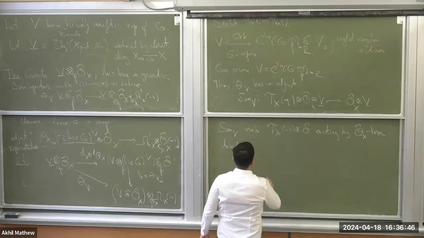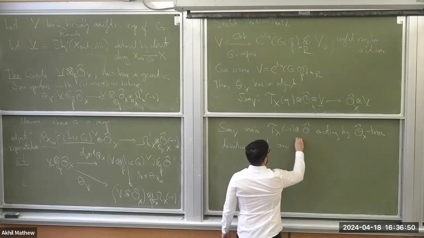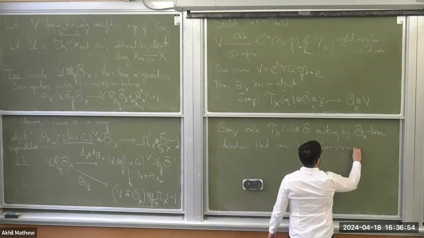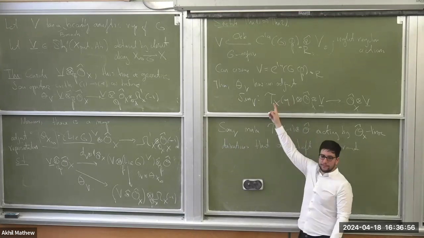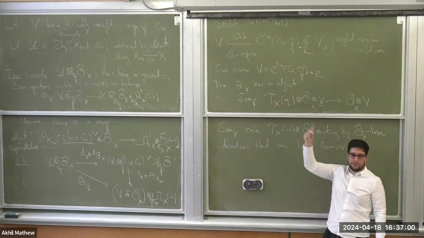There, the derivations that are left G-invariant, but they are just depending on the local system as a right representation, and you still have the whole action on the left.